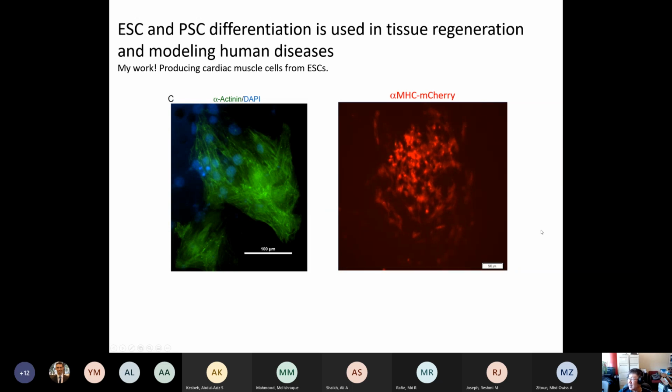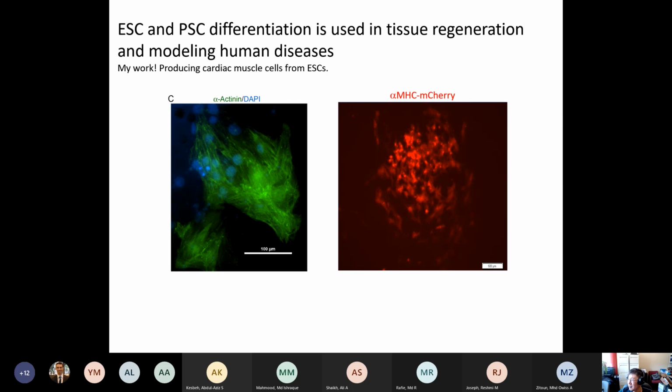On the right side, those cells become heart cells. They have the very characteristic rhythmic beating phenotype. You see the cells as a cluster, they contract. Even in cell culture, they do that. I labeled the cells with a red fluorescent protein, like I explained previously. I put an mCherry under the alpha-myosin heavy chain promoter.